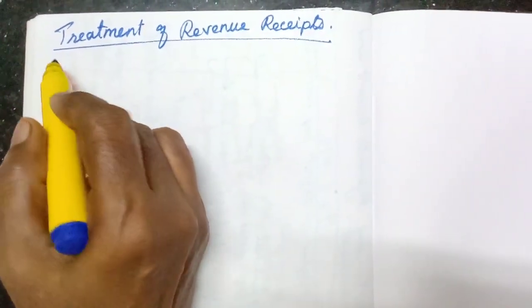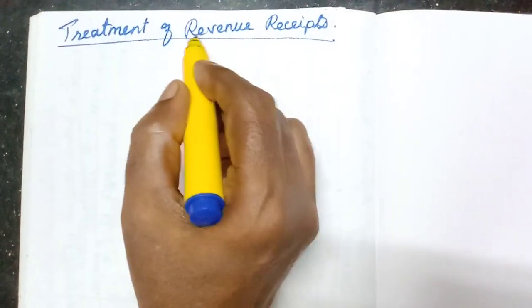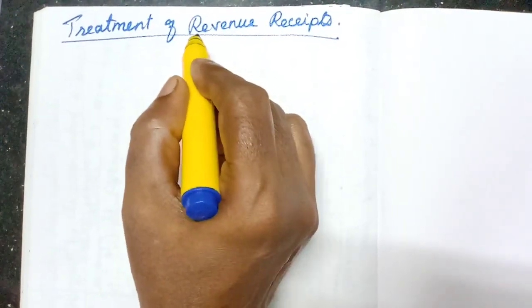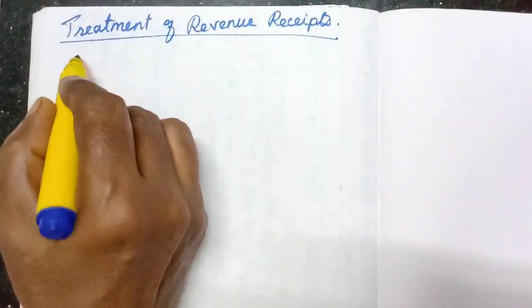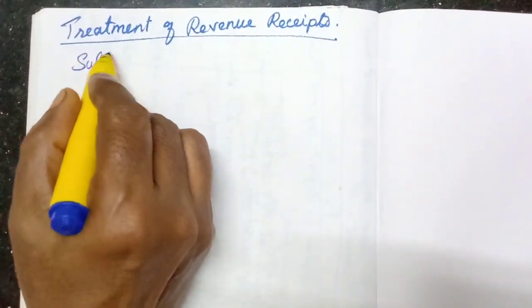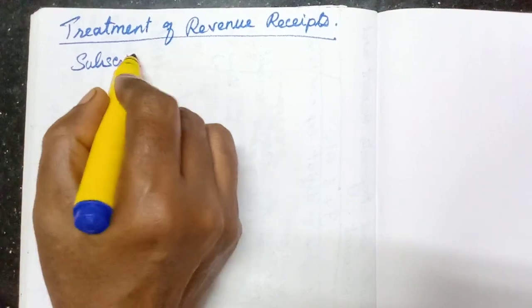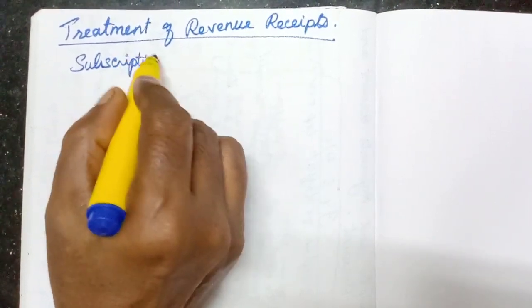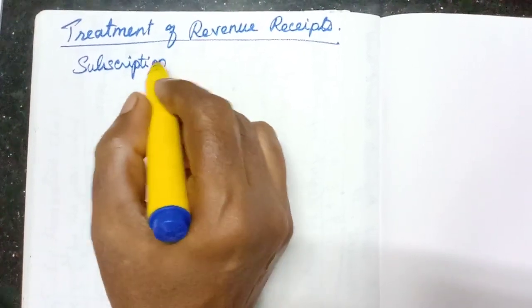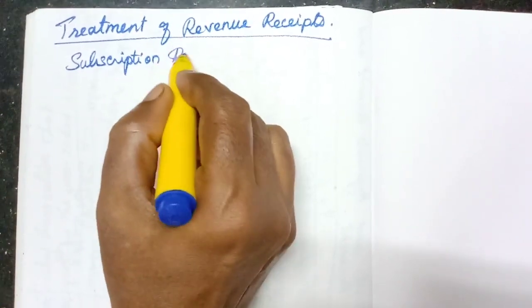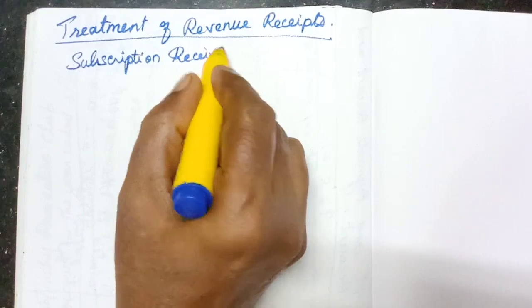Now we are going to learn about the treatment of some revenue receipts. For example, subscription received. That is the famous item with which we are going to do many adjustments.